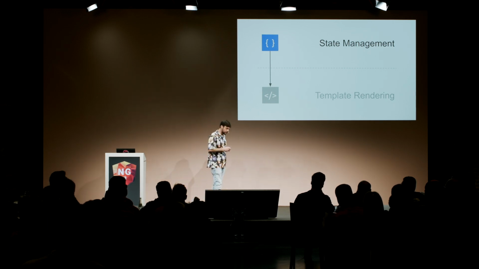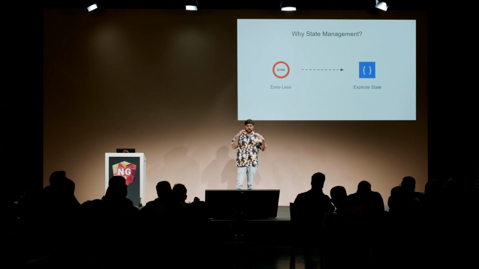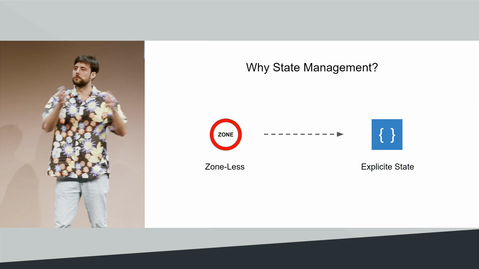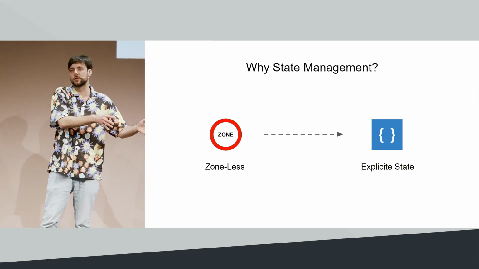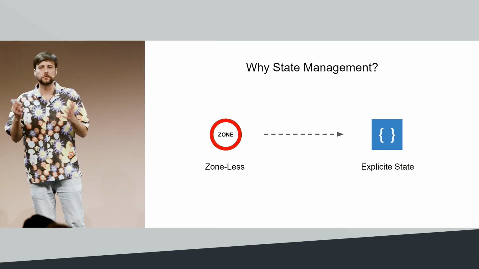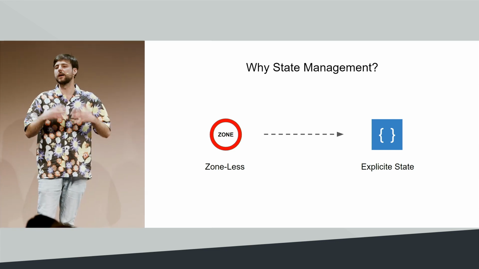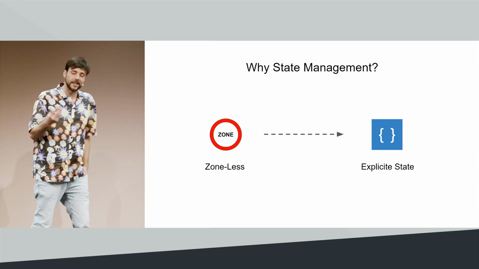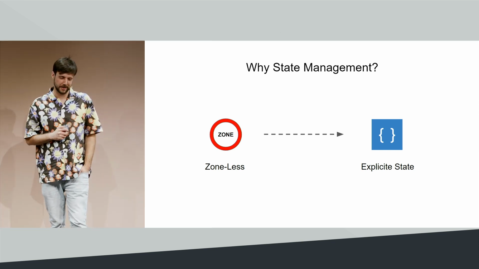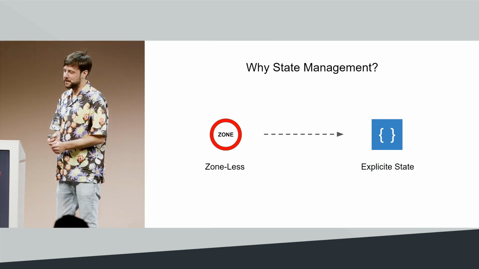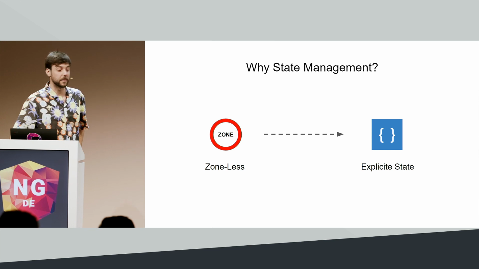But this is the first piece we worked on, and this was extremely necessary to do our first experiments with zoneless applications. So if you want to go zoneless, you definitely need to think about explicit state management. React, Vue, Svelte, they have it ever since, and they don't really understand our struggles in the Angular framework, I would say. At least this is my experience when I talk with other developers about their change detection mechanisms.